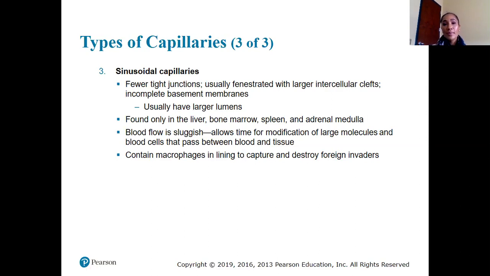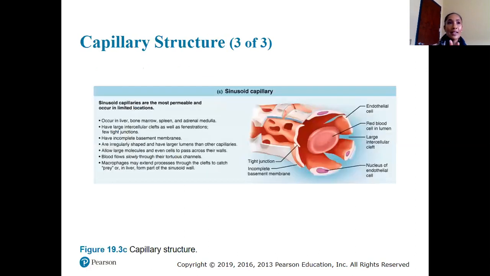And then also in these types of capillaries, they contain macrophages in the lining to capture and destroy any foreign invaders that might be trying to get into or out of our tissues. And so here we have an example of this type of capillary, a sinusoidal capillary. As you can see, the basement membrane is incomplete.